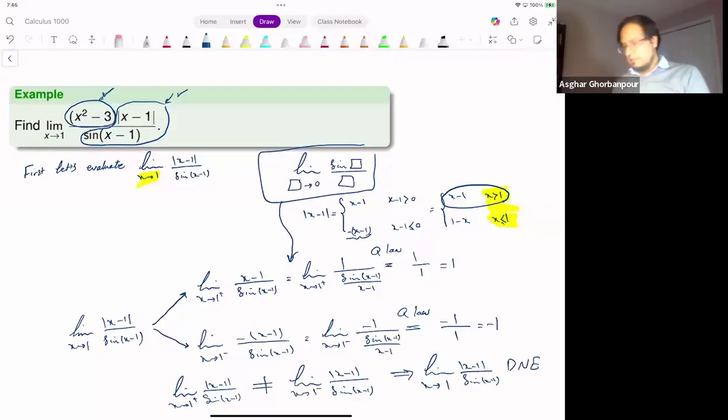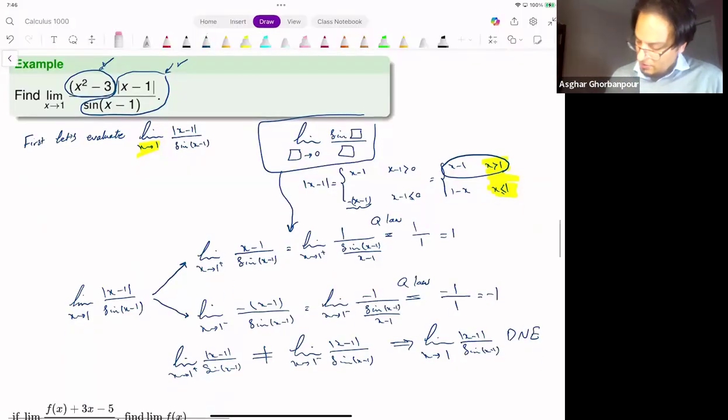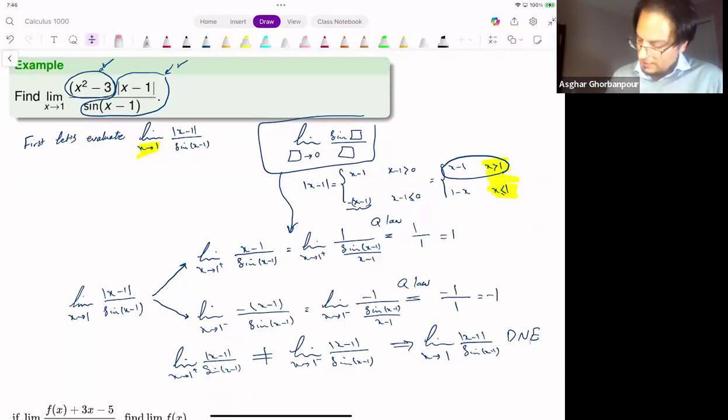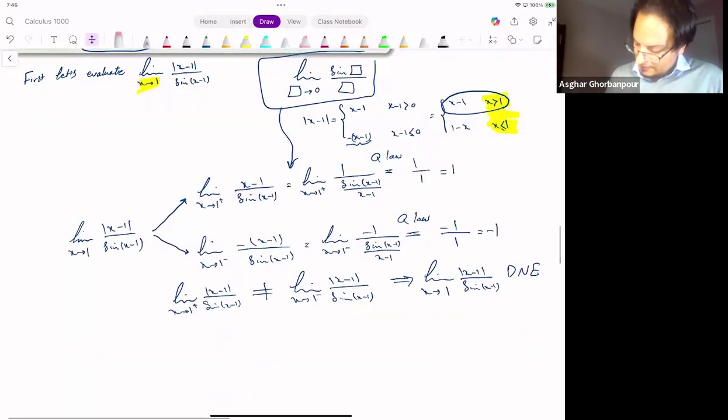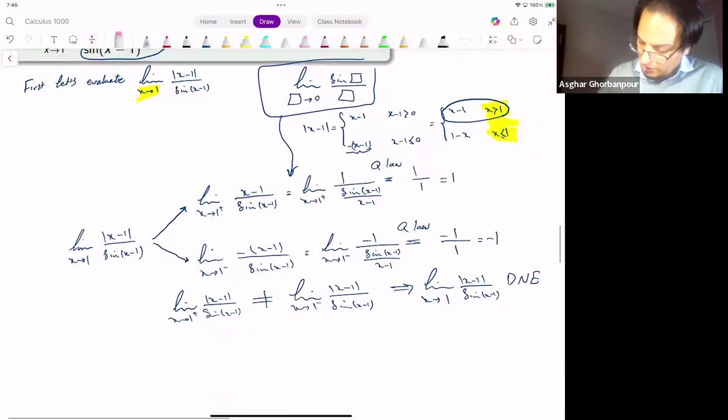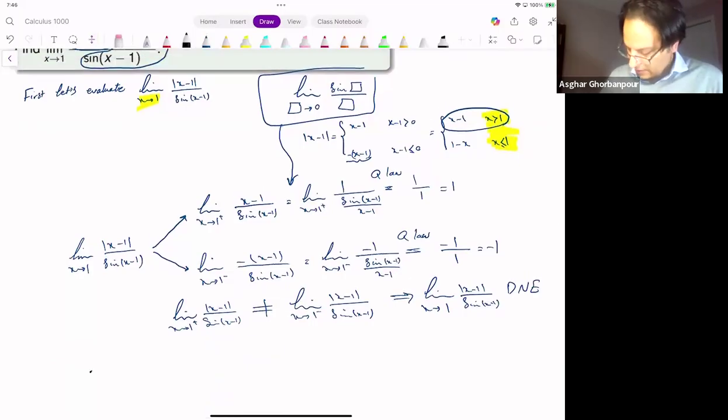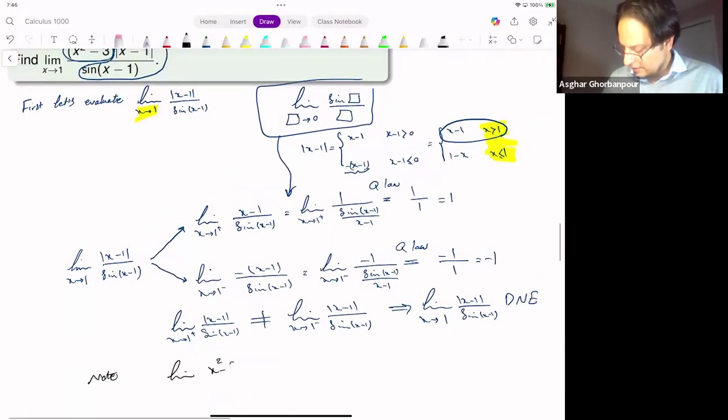Okay. Well, it does not exist. How do you know that this is not going to work for the rest? The point is that now, this is the interesting part, note the first part: the limit of x squared minus 3 as x goes to 1 exists, and it is equal to negative 2.